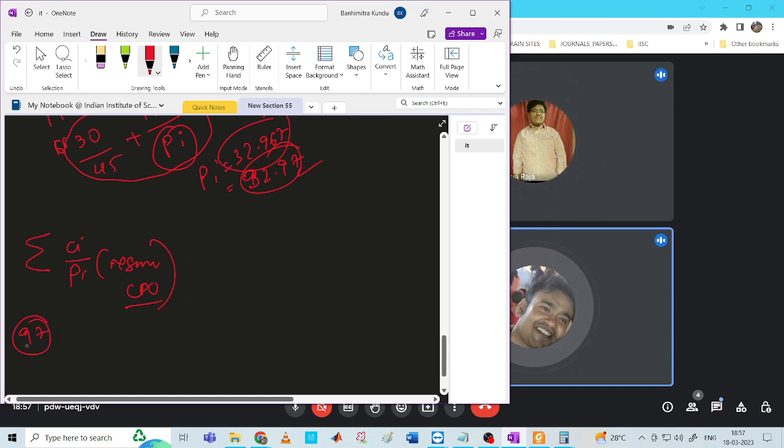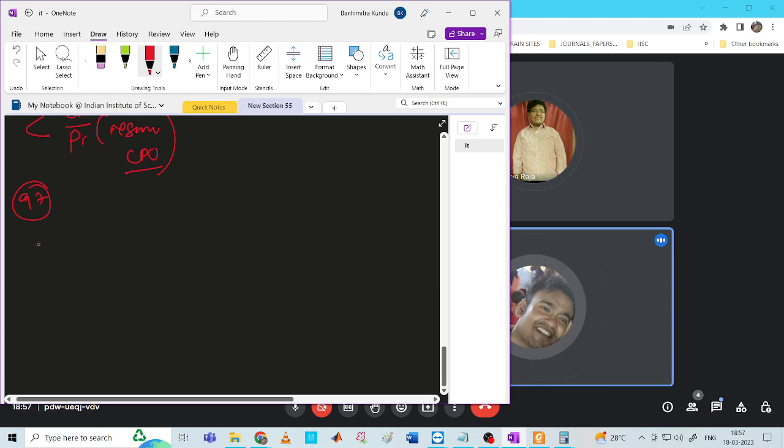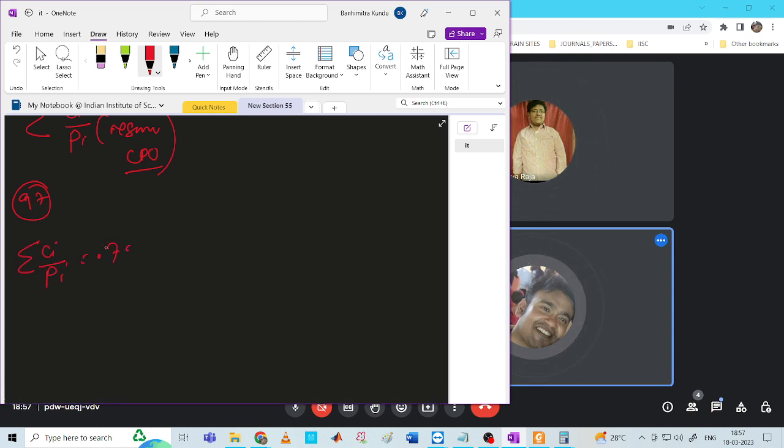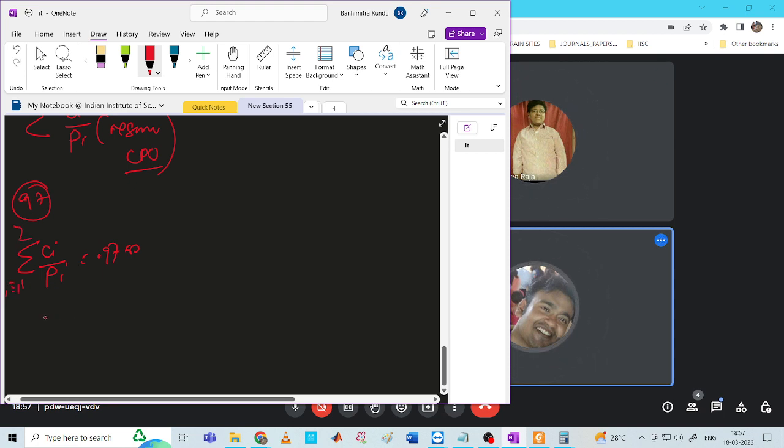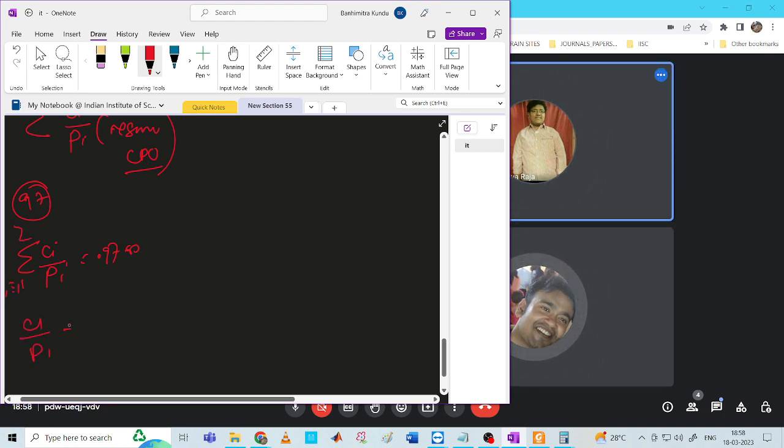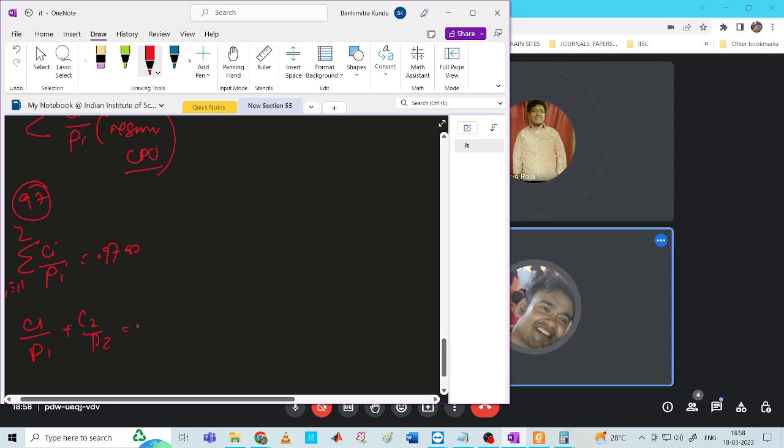So the summation of Ci by Pi should equal 0.97. You have two tasks, i equals 1 to 2, so C1 by P1 plus C2 by P2 equals 0.97. Now this we know as 30, this we know as 45.